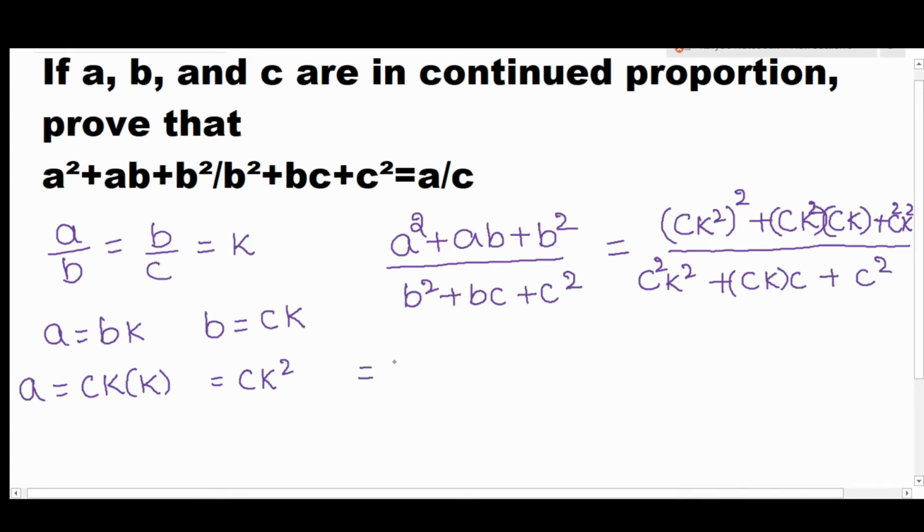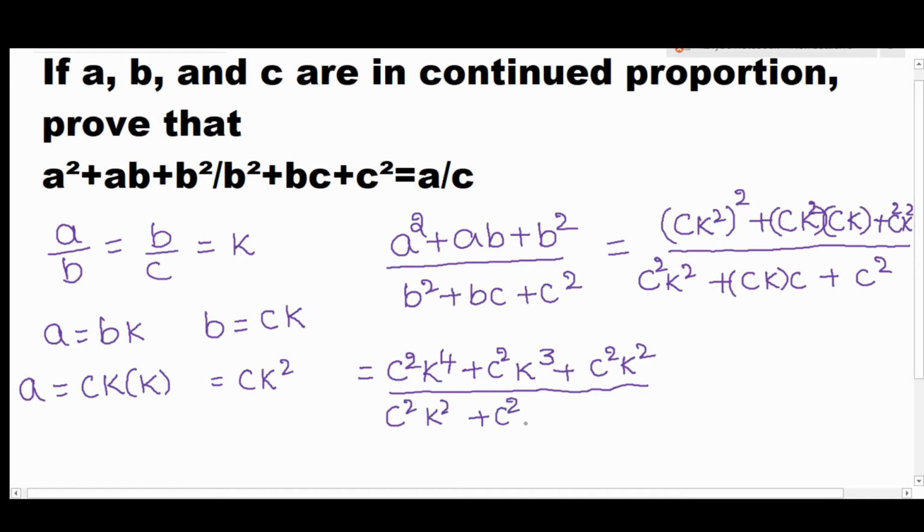Now I can write it as c square k raised to the power 4 plus c square k cube plus c square k square, divided by c square k square plus c square k plus c square.